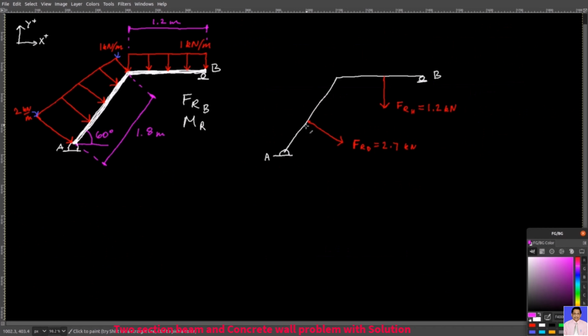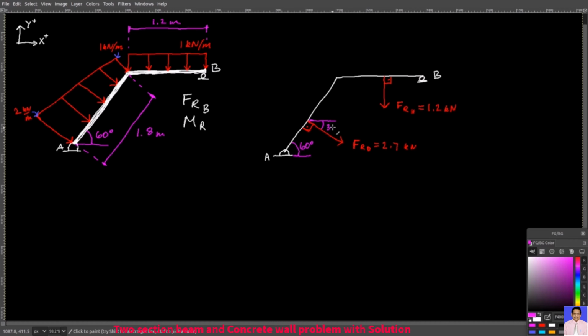But remember, this diagonal beam is at 60 degrees from the horizontal line. Then of course, both forces are perpendicular to their respective beams, and because of that, we can say that here you have 30 degrees.